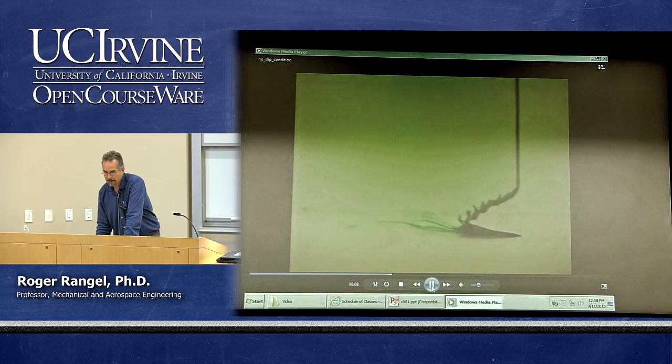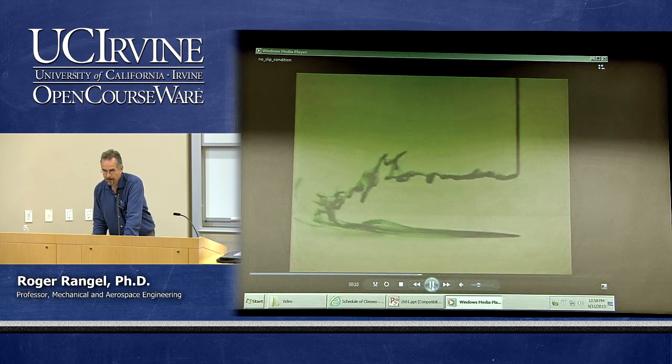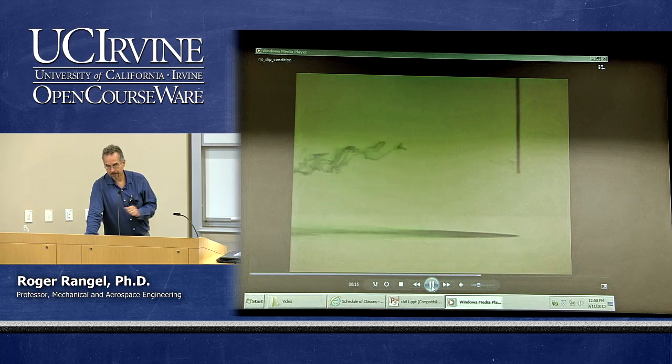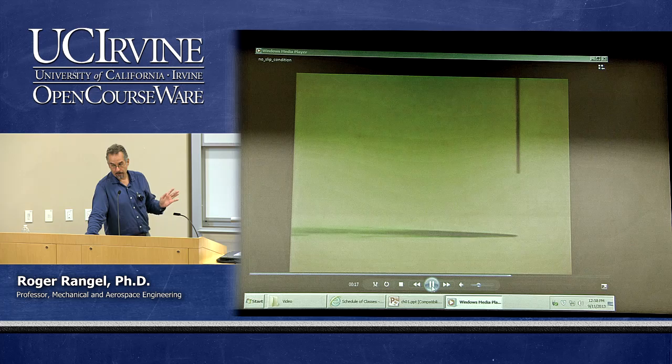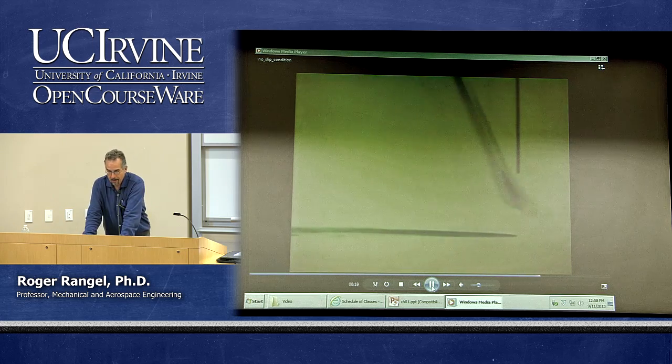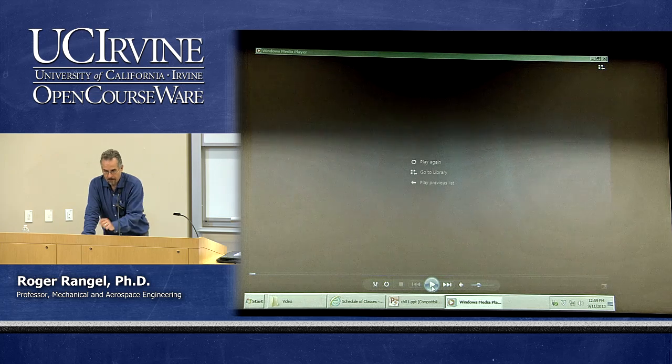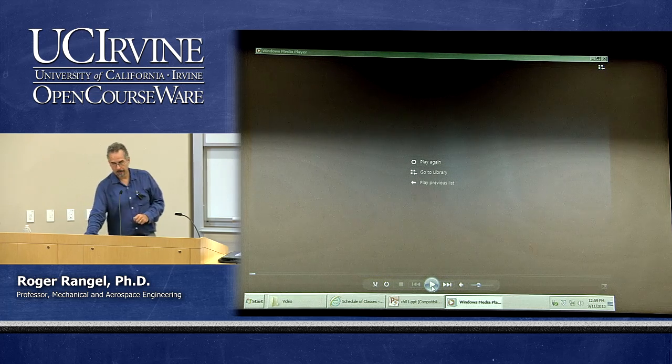And you can see how as we raise the probe, the marker fluid flows freely. But you can still see how at the bottom, the fluid seems to be stuck. The marker fluid seems to be stuck to the wall. So only when we brush it away, we're able to move it away.